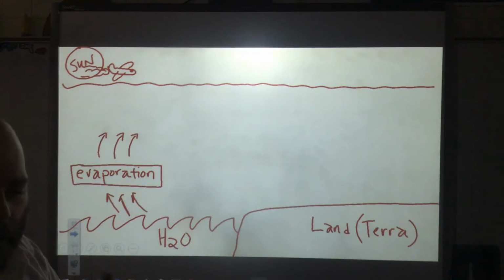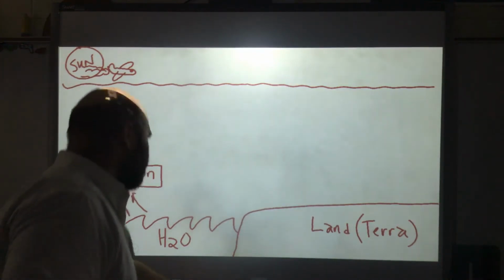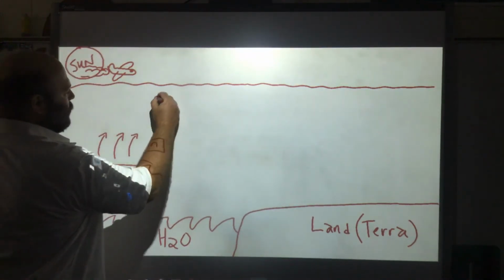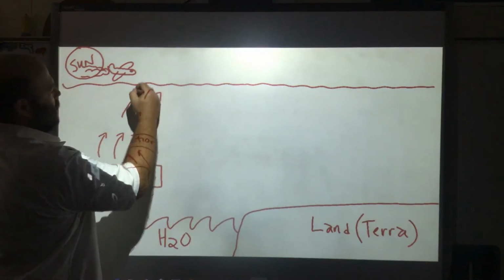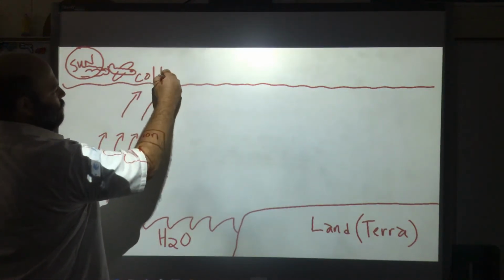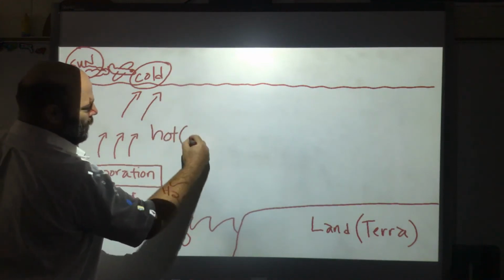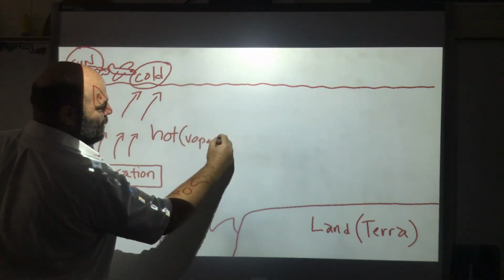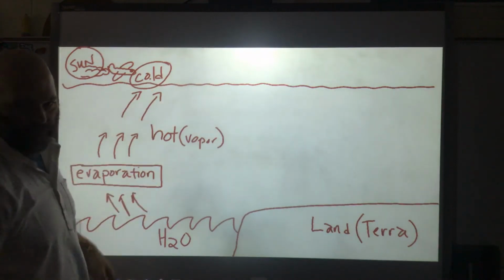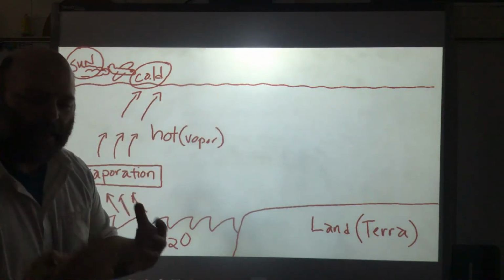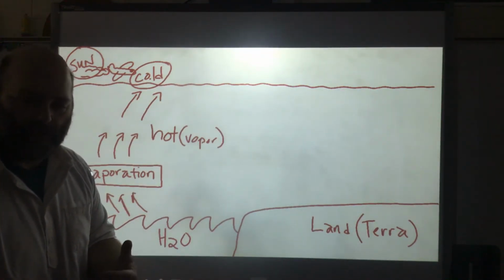Well, it only goes up so far. Once it gets up to this little part, it runs into a problem, because this hot, heated up vapor meets cold air. And it's going to do the same exact thing I just showed you with those pictures.